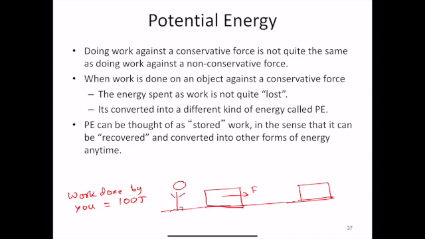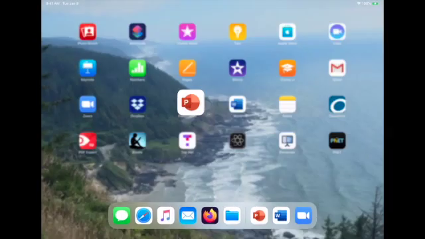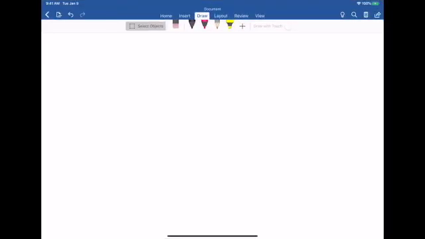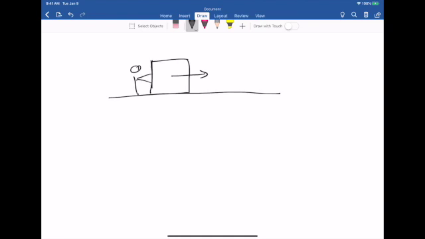Now, what is the work done by friction? Can you tell me what is the work done by friction? You can easily figure that out from the work kinetic energy theorem, which says that the net work equals the change of kinetic energy. Let me just switch to Word so that I have more space to write. So anyway, here is the box, and you applied a force F on the box and moved the box from here to here.